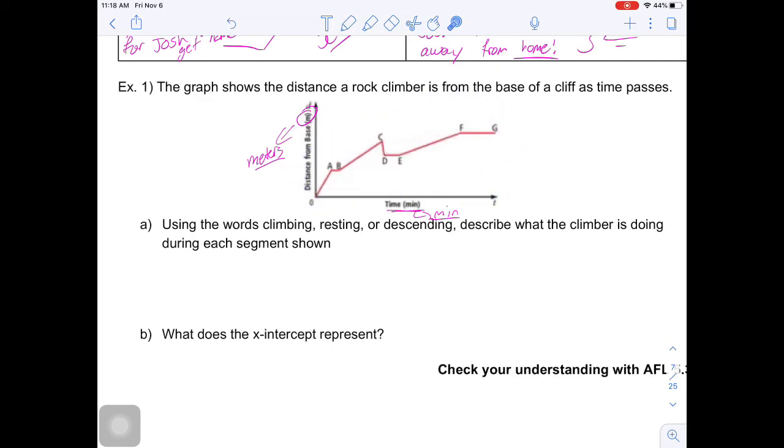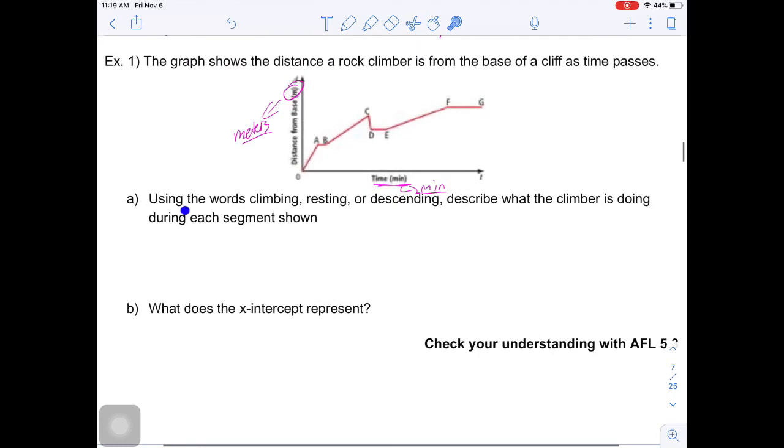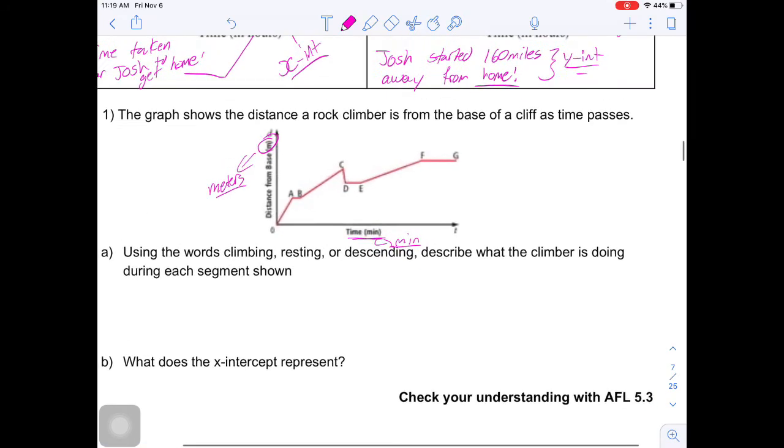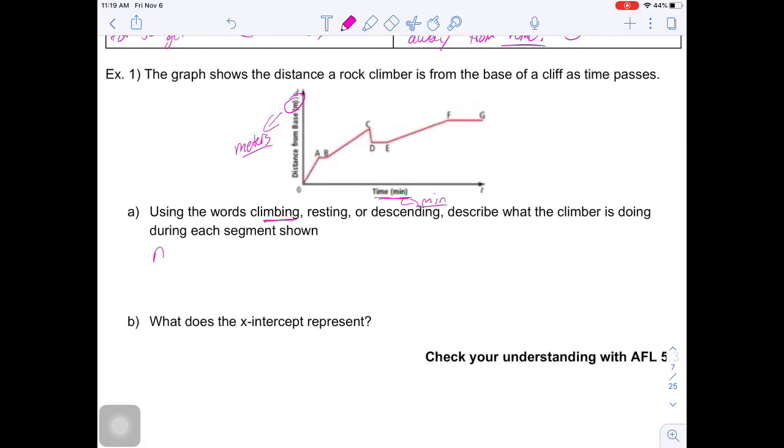You have to have the ability to describe what's going on in a graph. So use the words climbing, resting, or descending to describe what the climber is doing during the segment shown. From A to B, it looks like he is starting and he is climbing, right? Because he is slowly raising how high he is.